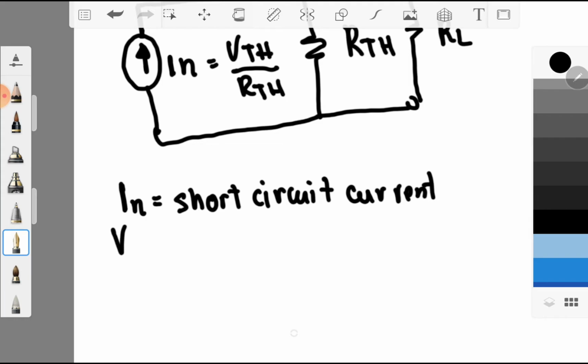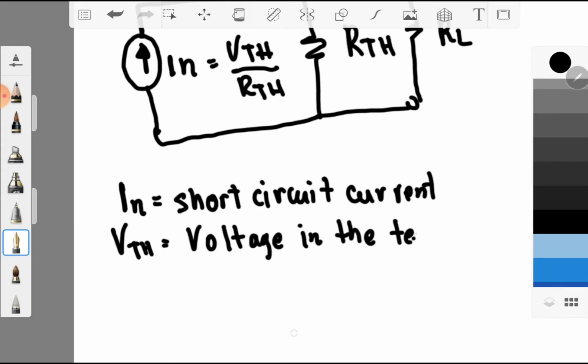Yung VTH natin is the voltage in the terminal RL, the voltage in your terminal RL when you remove it.